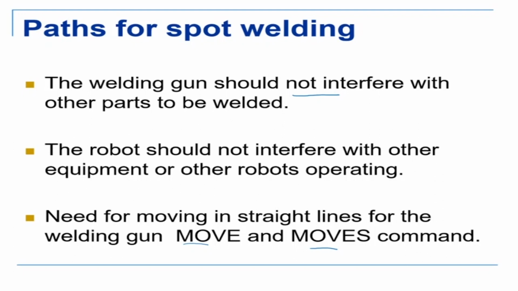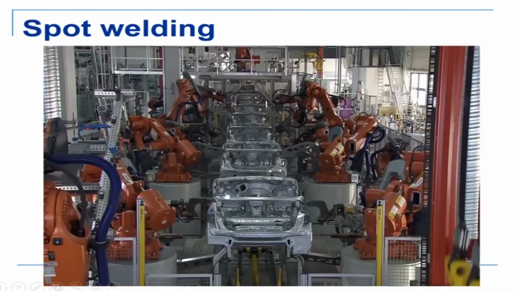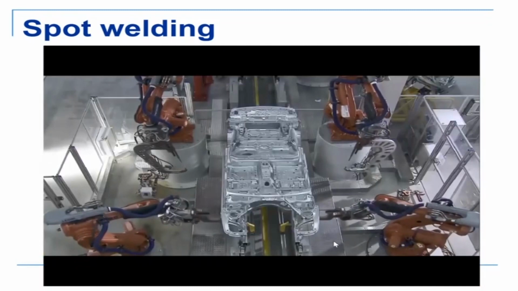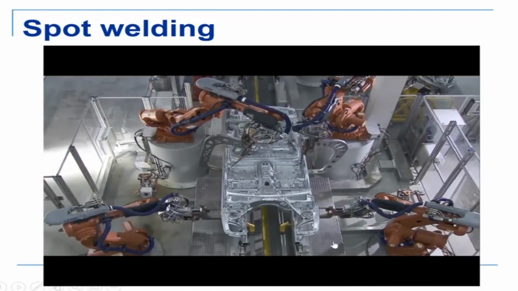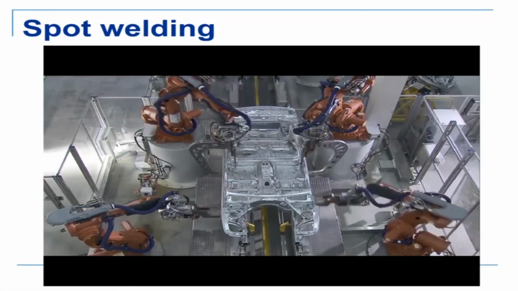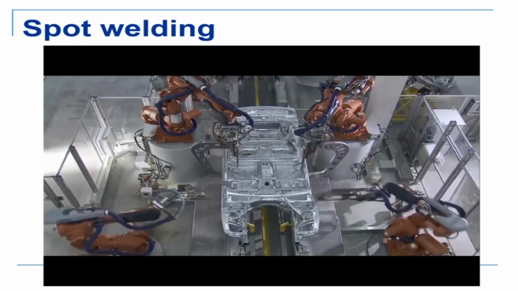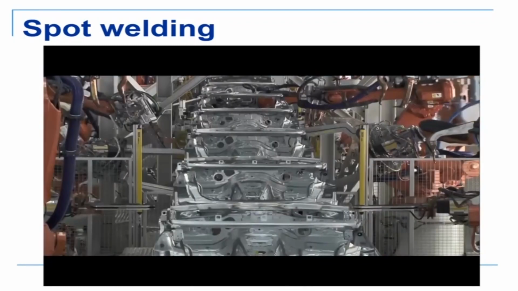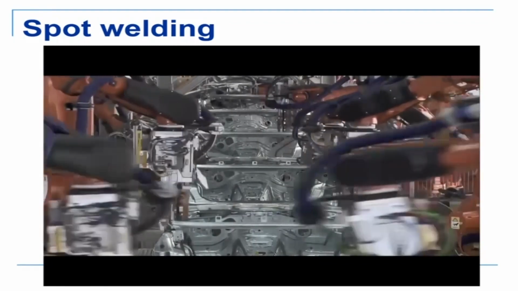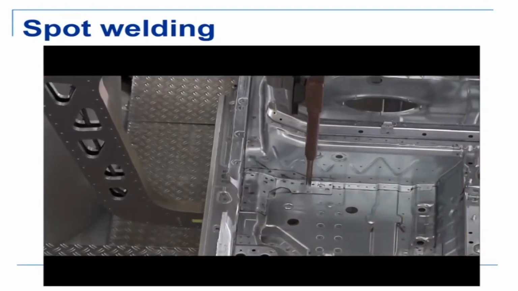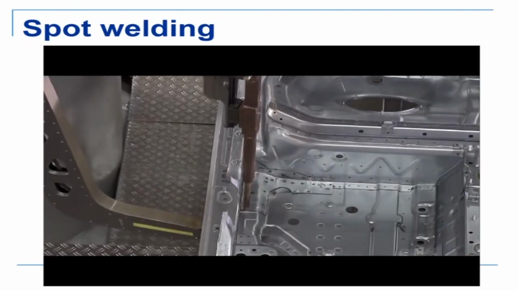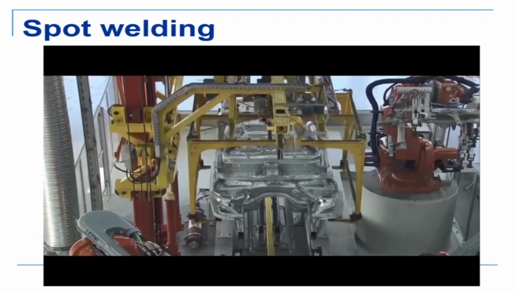When we looked at the welding here, we see that there are many robots moving in complex paths. So what is the inverse kinematic solution? Suppose I want to do a weld in that region. You have infinite solutions, so you have to find an optimal solution in which all the robots can simultaneously do all their welds in the release time without hitting one another and without hitting any other part.